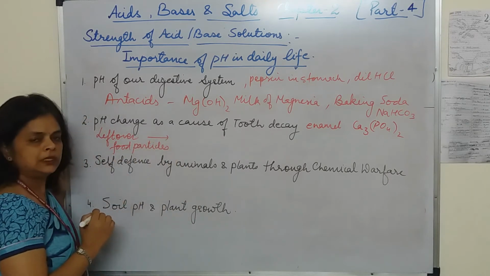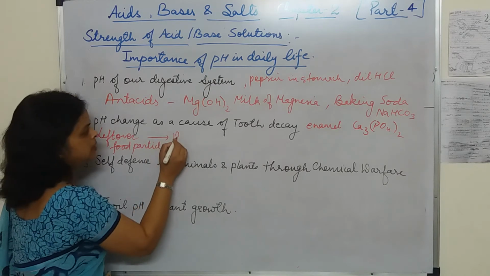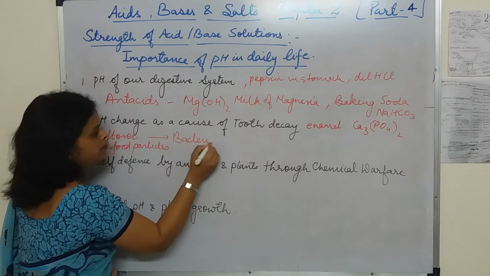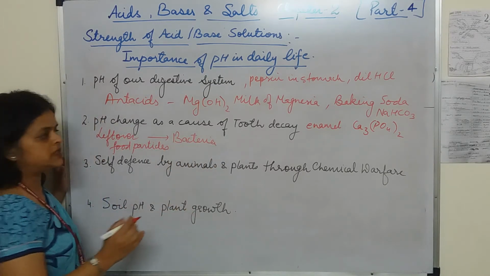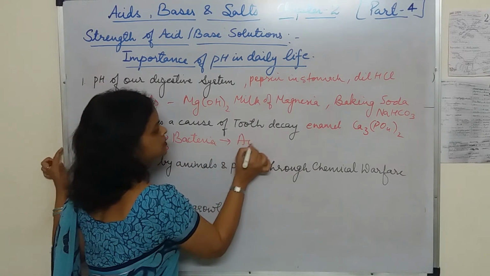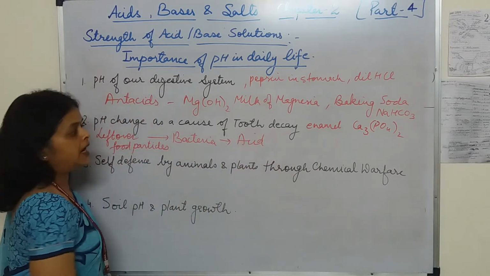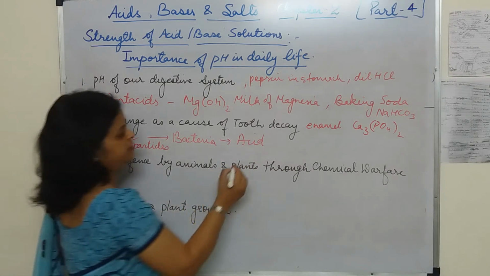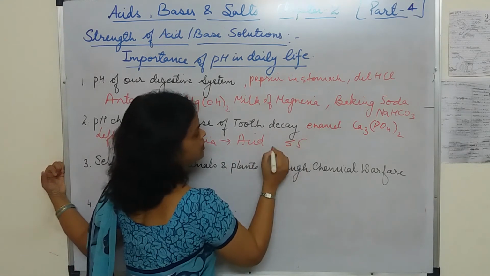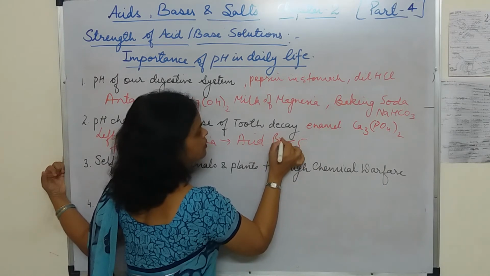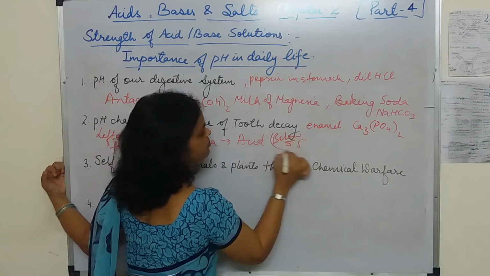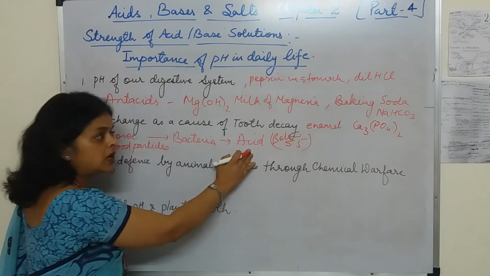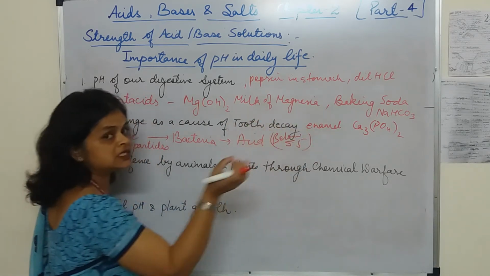Food particles cause the production of bacteria. Bacteria produce acid, and if the pH goes below 5.5, it starts corroding the enamel, the hardest substance.